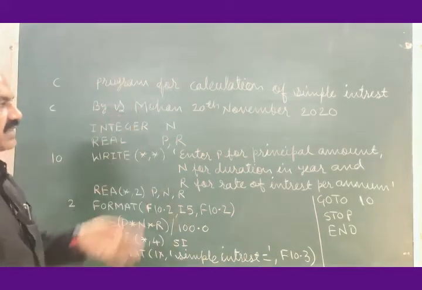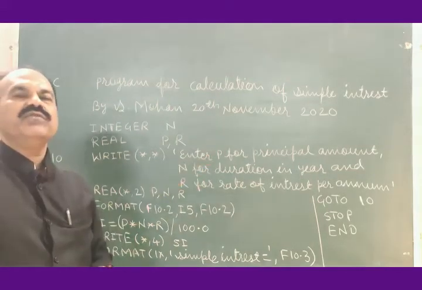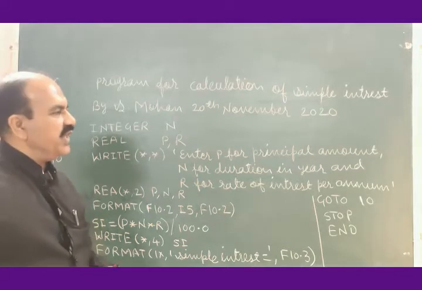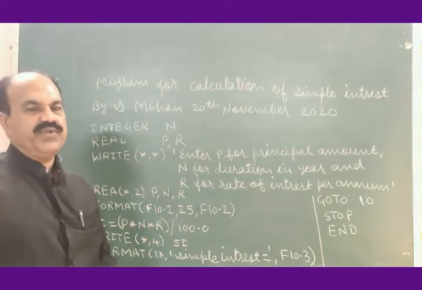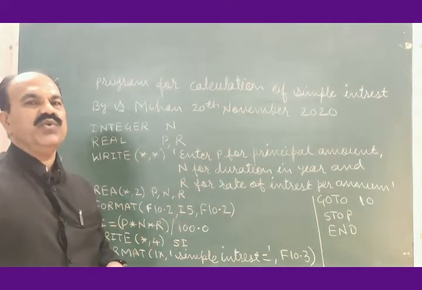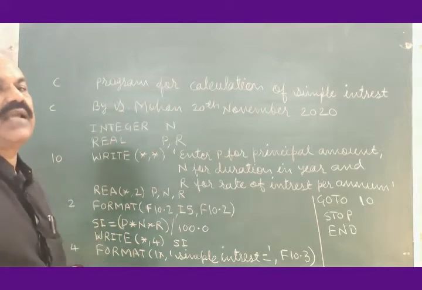So this is a simple program to understand the use of the go to statement. Actually, we can construct many such programs using the unconditional go to statement. Hope you got it.